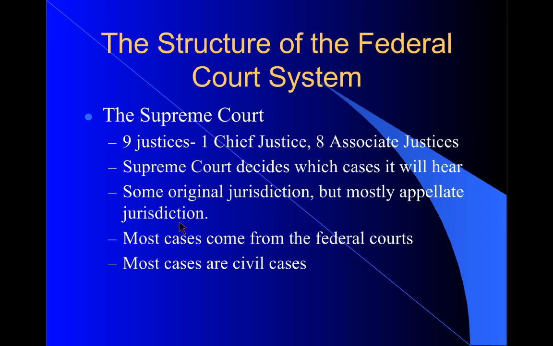So let's say the state of California ruled on an issue, and you didn't like how it ruled against your favor, and so you appeal it to the federal court system through either the appellate court or through the state Supreme Court. However, for the federal court system, most of those cases come through the lower federal district courts, and most are civil cases.